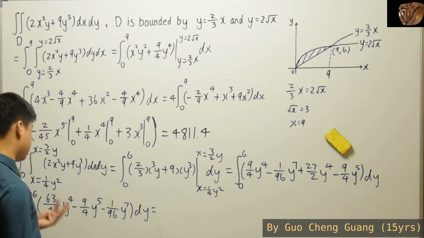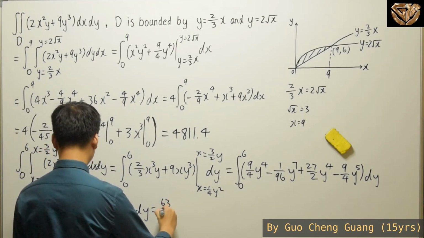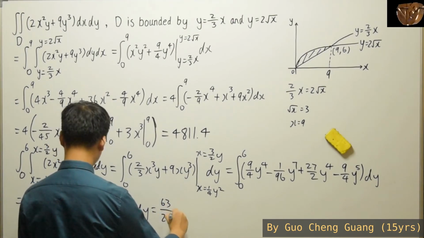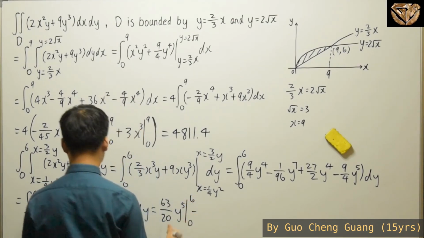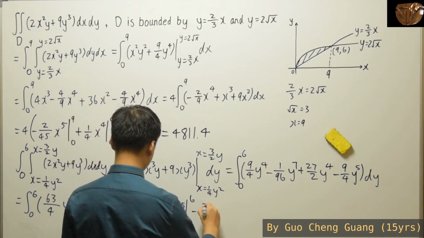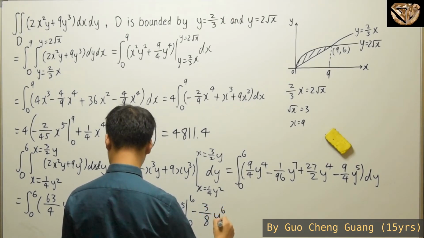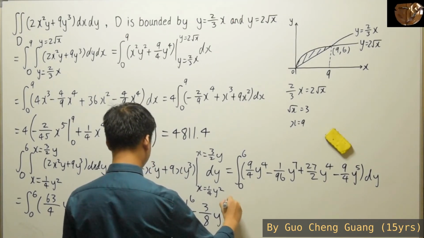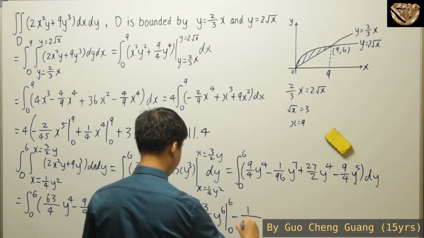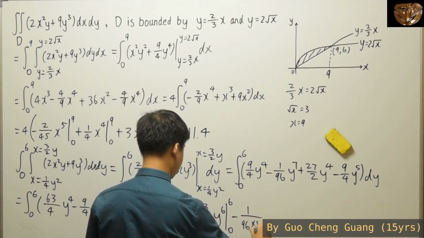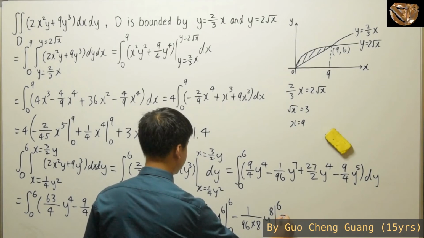Alright, so now it's just to simply integrate it, where you will see 63 over 20 y to the power of 5, substitute in 0 and 6, minus 3 over 8 y to the power of 6, substitute in from 0 to 6, and minus 1 over 96 times 8 y to the power of 8, substituting the values from 0 to 6.